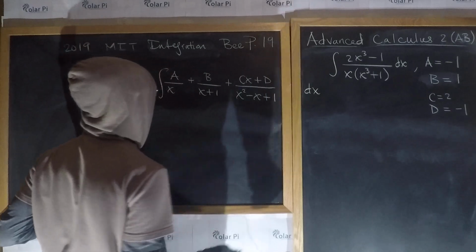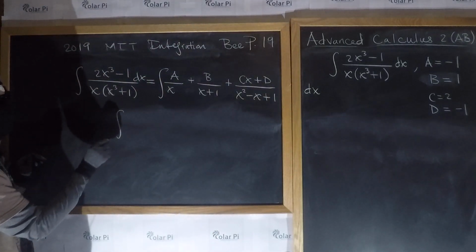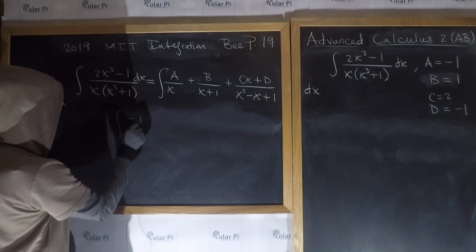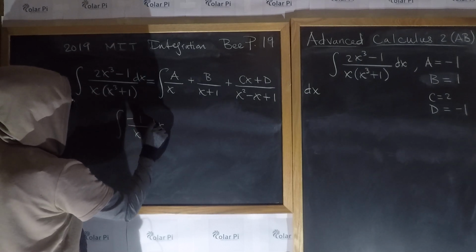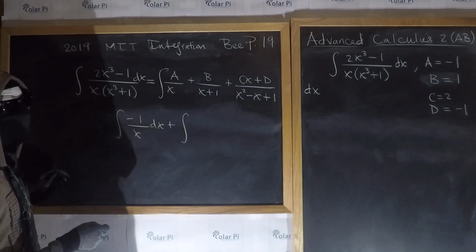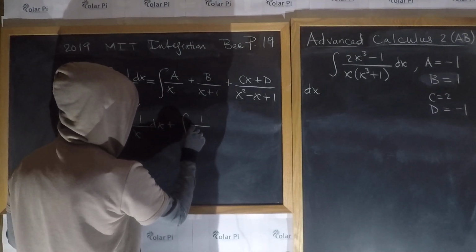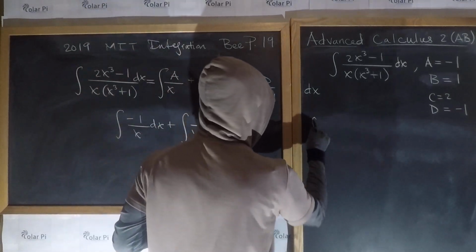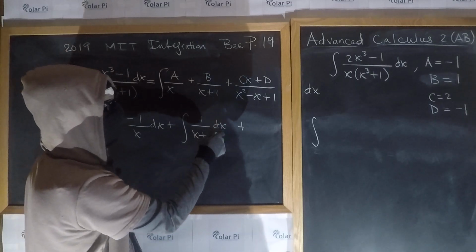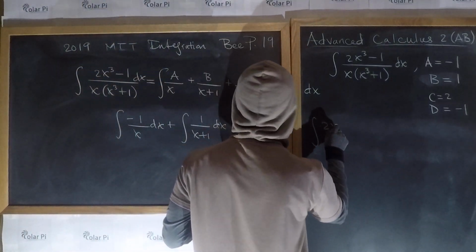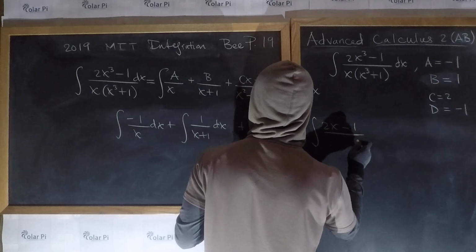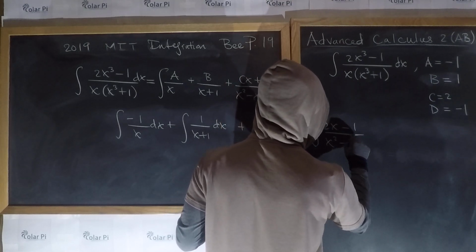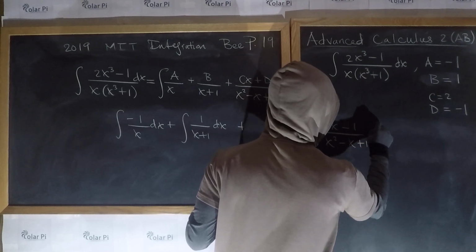But now that we know a, b, c, and d, we've got the integral of negative 1 over x dx, plus the integral, and then b is 1 over x plus 1 dx, and then plus the integral, and c is 2, so 2x minus 1 over x squared minus x plus 1 dx.